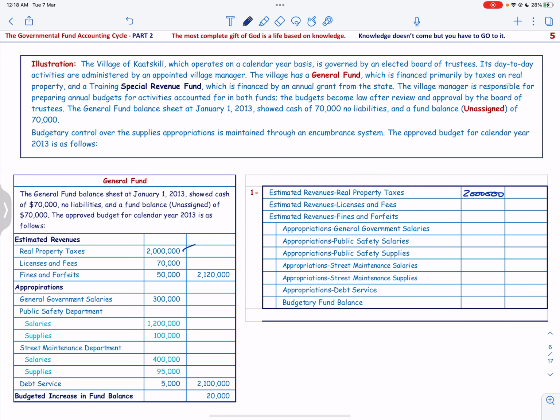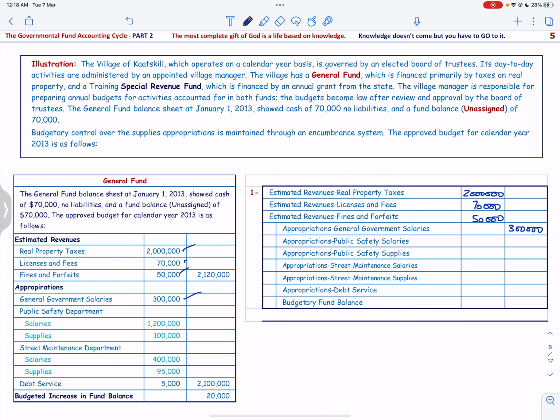We have estimated revenues, licenses and fees, debit by 70,000. Then we have estimated revenues, fines and forfeits, 50,000. Then we have the appropriations, general government salaries, 300,000.